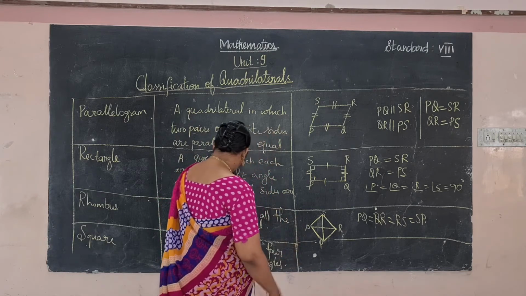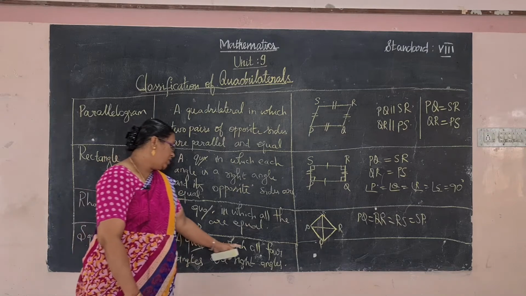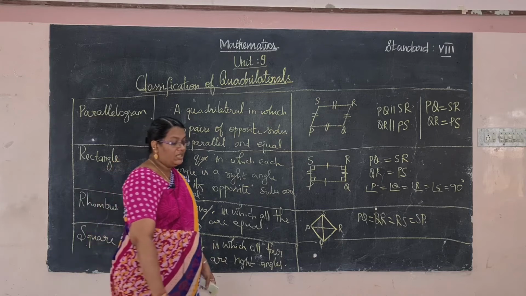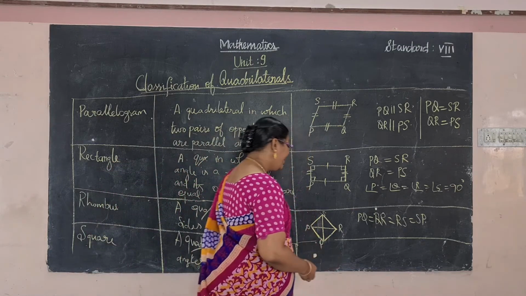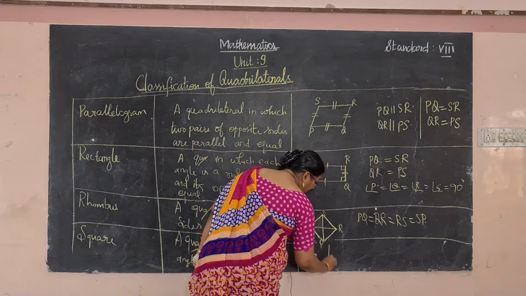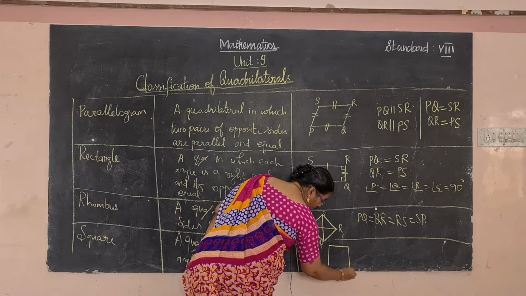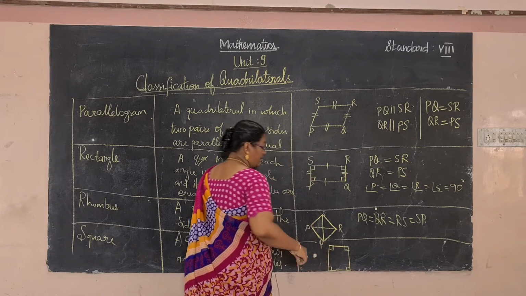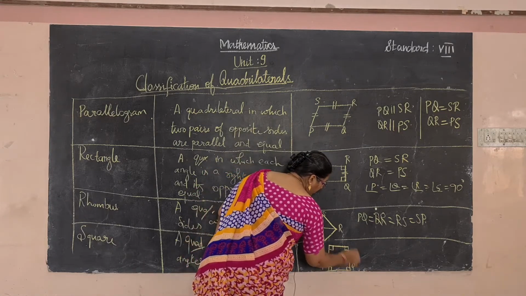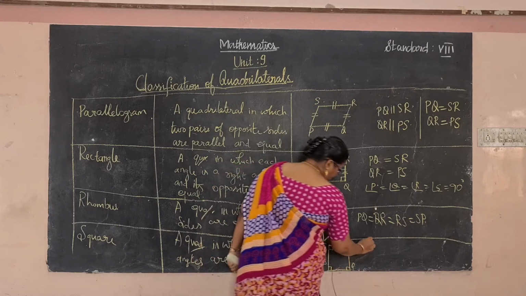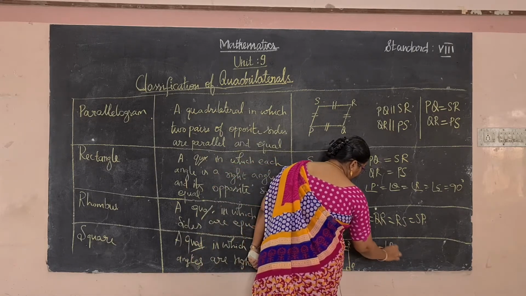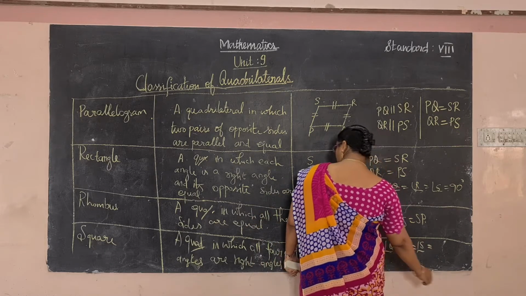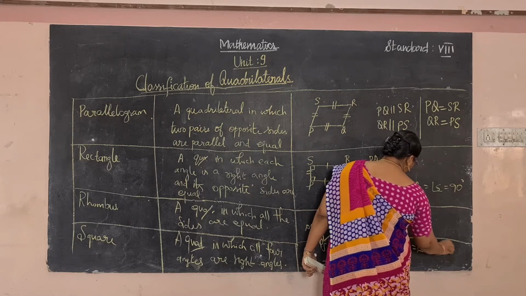And next one, a quadrilateral in which all the four angles are right angles. Right angle means 90 degrees. That is a square. Square, all right angles, 90 degrees. P, Q, R, S. So angle P is equal to angle Q is equal to angle R is equal to angle S is equal to 90 degrees.